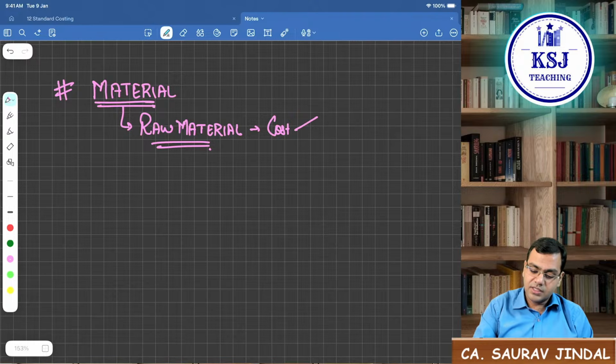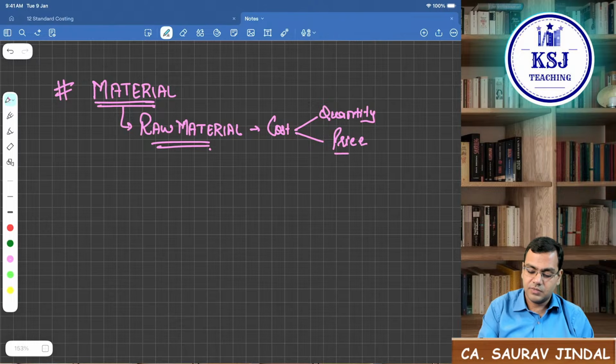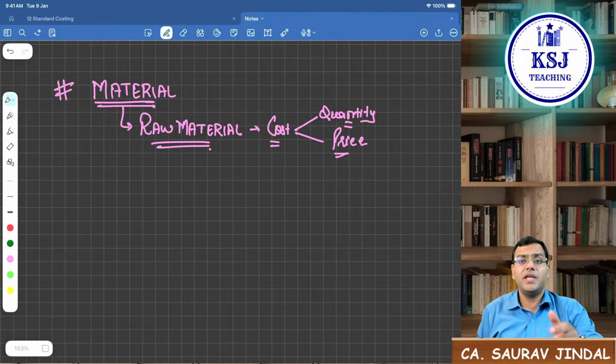One reason is your quantity and another reason is your price. Why can the raw material cost be different than what you planned for? One reason is you have consumed more or less quantity than you planned for. Another is you have got the raw material at a different price than planned. So there can be two reasons for the difference: price and quantity.